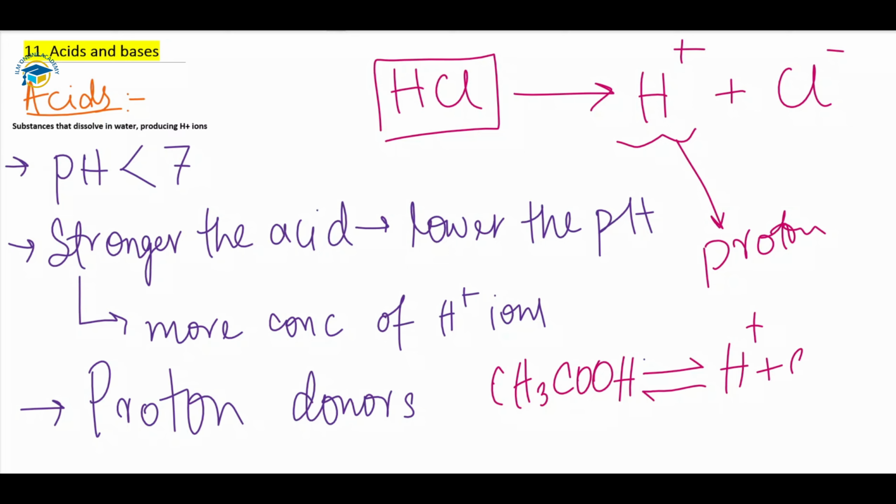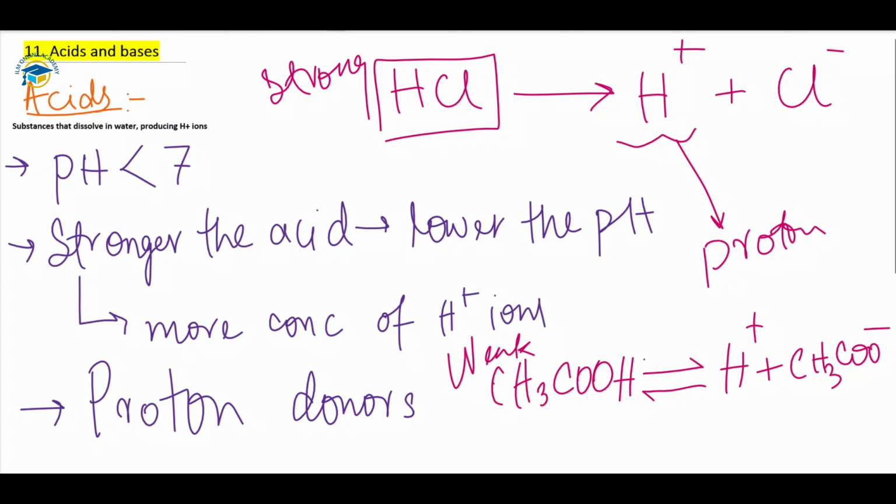Plus we have CH3COO negative ions. This is an example of a weak acid and a strong acid. In case of strong acid, we have hydrochloric acid, and in case of weak, we have ethanoic acid. So these are the properties and examples of the acids.